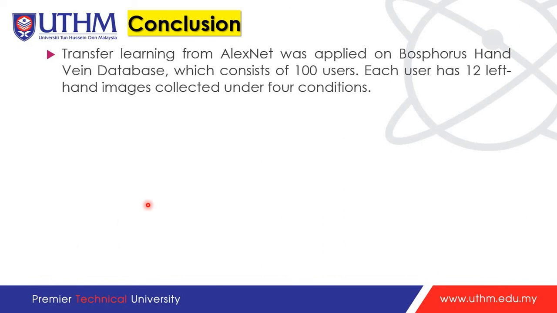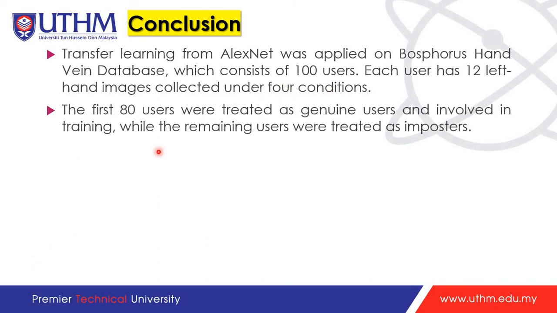Okay, so as a conclusion, transfer learning from AlexNet was applied on the Dorsal Hand database, which consists of 100 users. Each user has 12 left-hand images collected under 4 conditions. The first 80 users were treated as genuine users and involved in training, while the remaining users were treated as imposters.